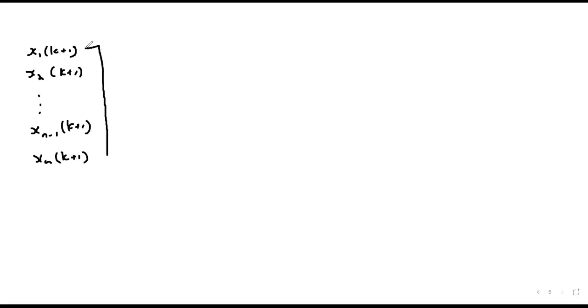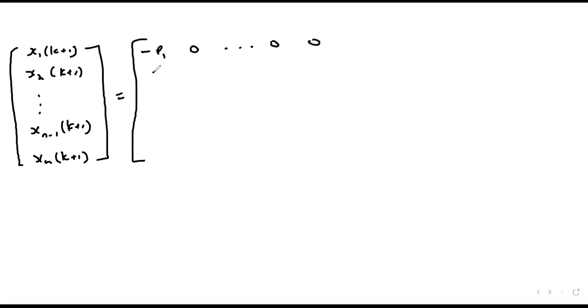Our vector x of k plus 1 will be equal to, the matrix G is a matrix of all terms being 0 apart from the terms on the major diagonal, which are obtained as negative p1, 0. All the other terms are 0. Then 0, negative p2 with all the other terms as 0.